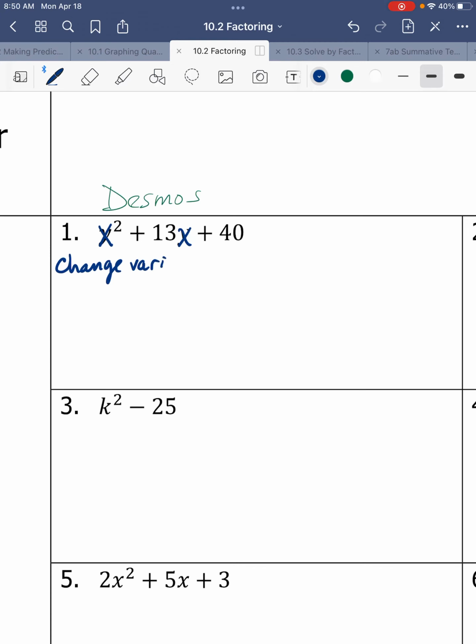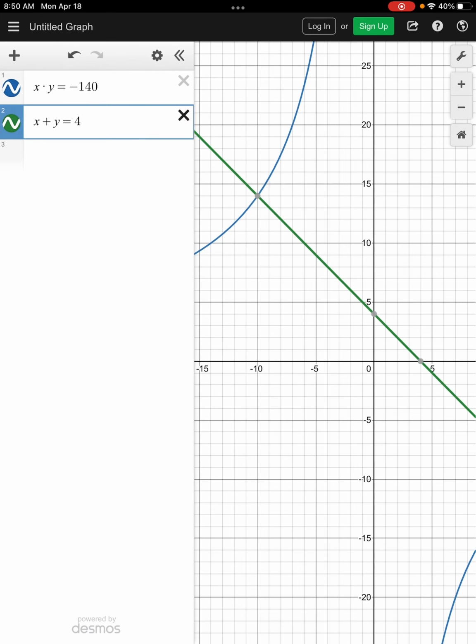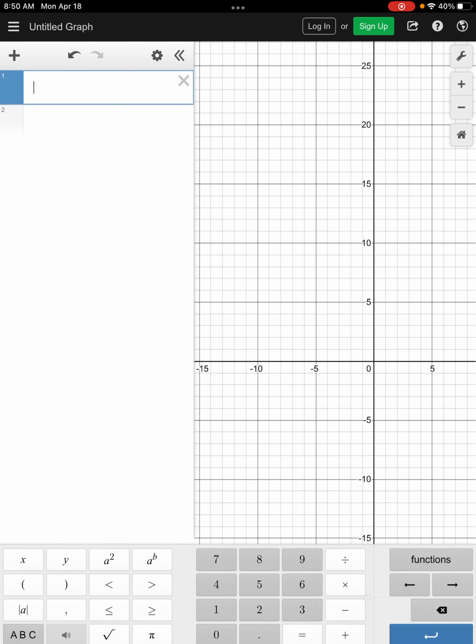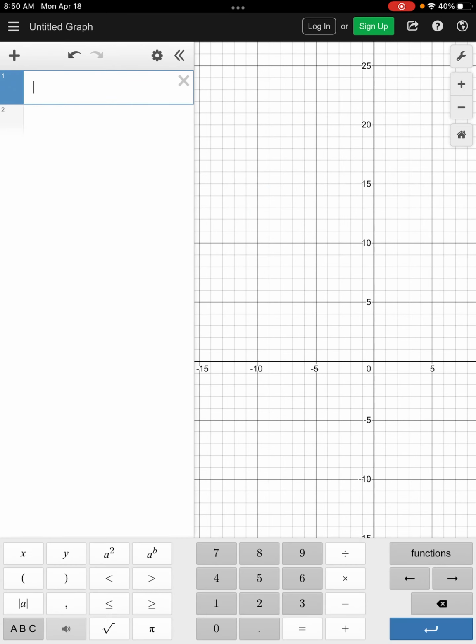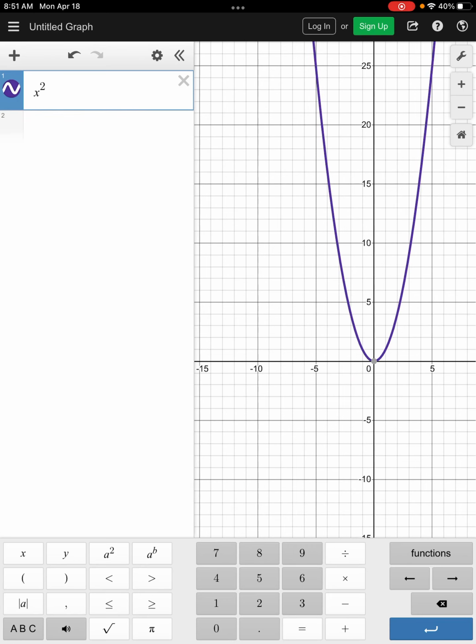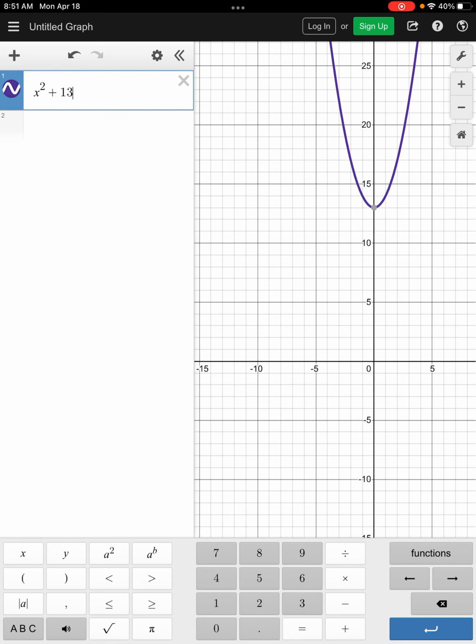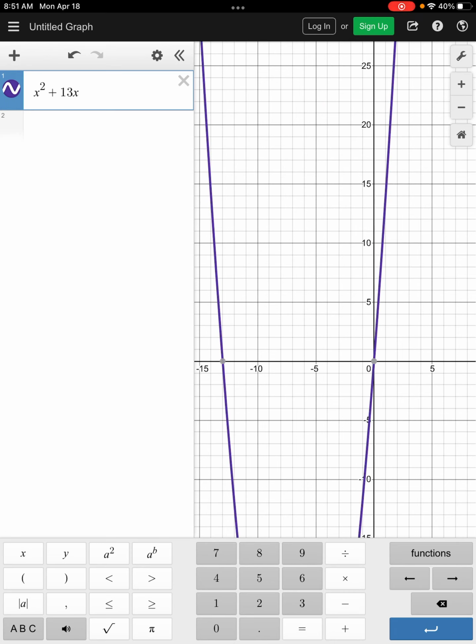So always change the variables to x's, because on Desmos, we're graphing. Graphing is going to want y equals, and you don't even need the y equals. We just are going to have x squared. So it's the x-axis and y-axis, and since we're not putting a y equals in here, I'm not going to put it in. You can if you'd like. We're just looking at the x.